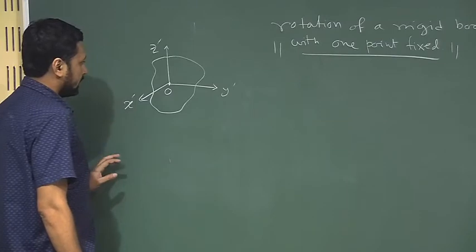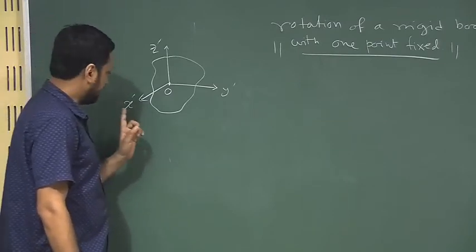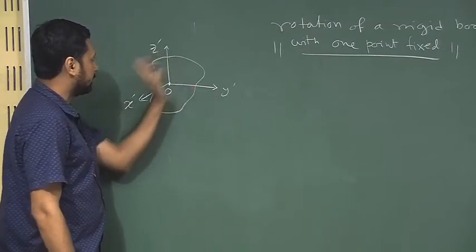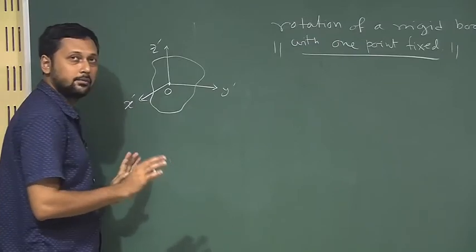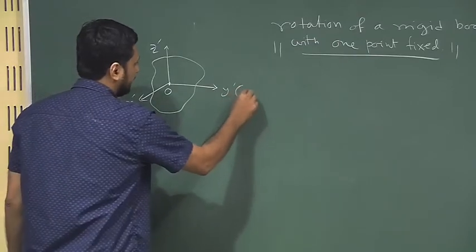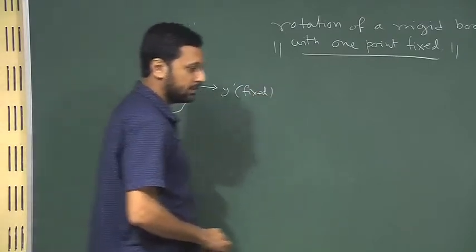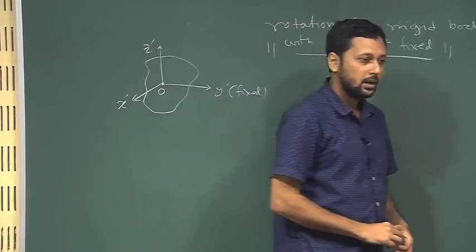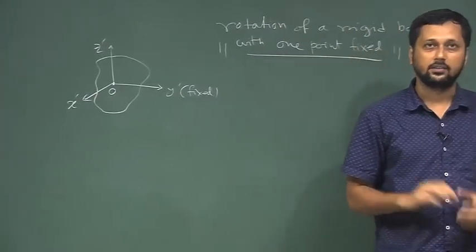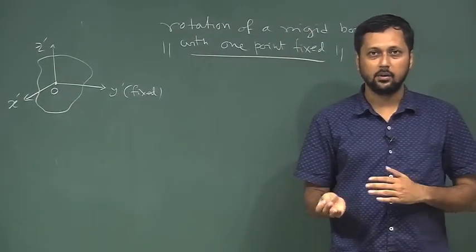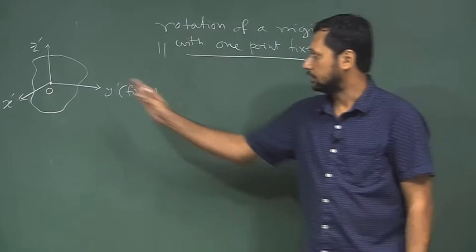Now, you have guessed it right, because we are using x prime, y prime, z prime, these are fixed frames. So, this axis system is fixed. Because we want to describe the rotation, we must have a set of axes which will be moving along with the rigid body.